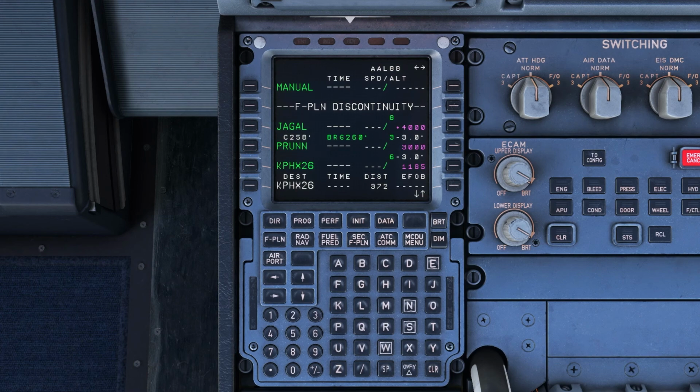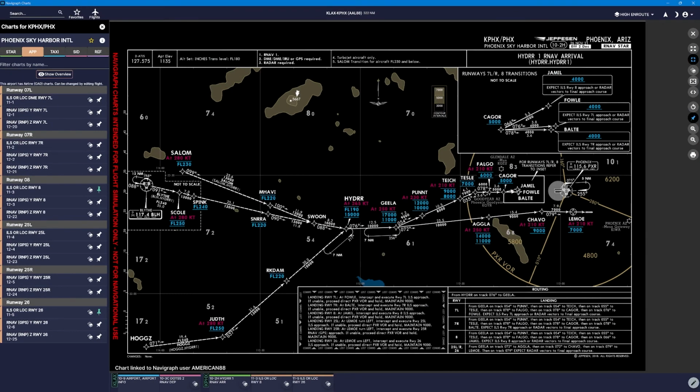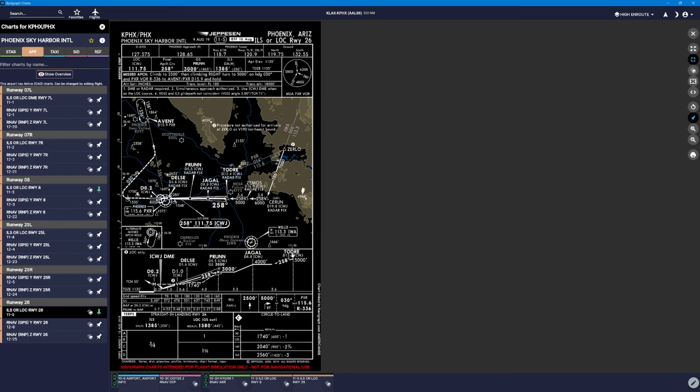Now, if we look at the approach, where are these 2 waypoints in relationship to the runway? So what were they? Jaggle and Prune. Well, here they are right here. So here's Jaggle, or Jagal, and here's Prune.